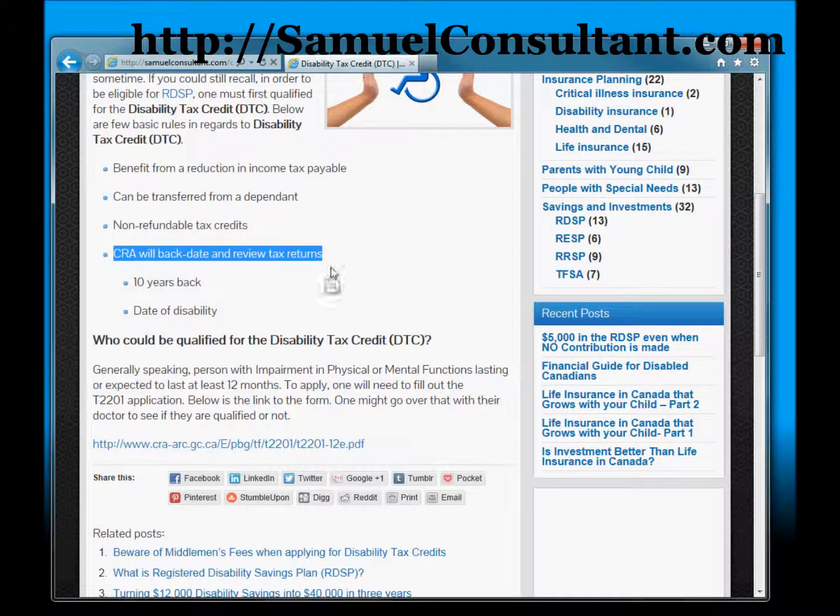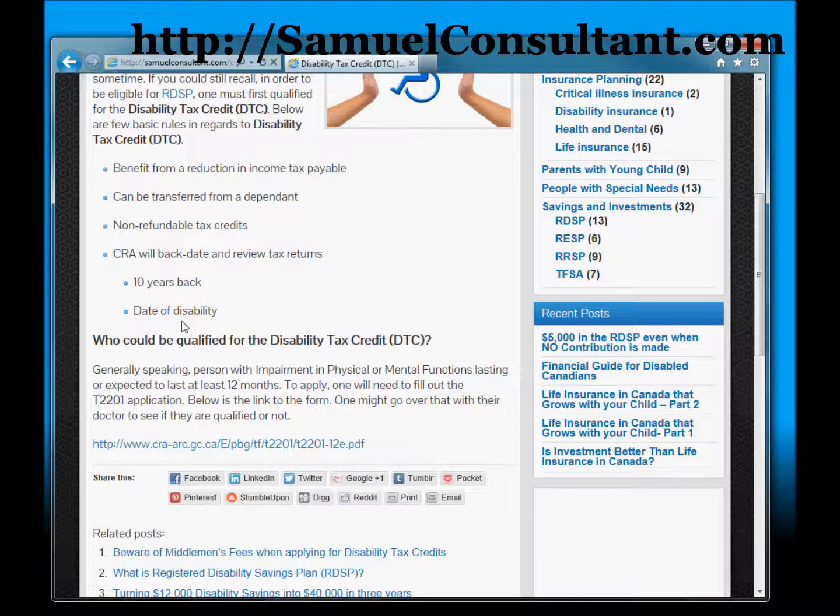And the good thing is, suppose you were disabled a long time ago, the tax adjustment can be backdated to 10 years or to the date of disability, whichever comes later.